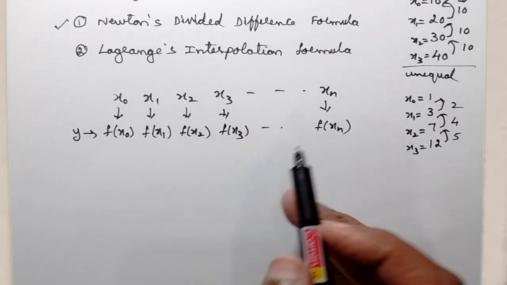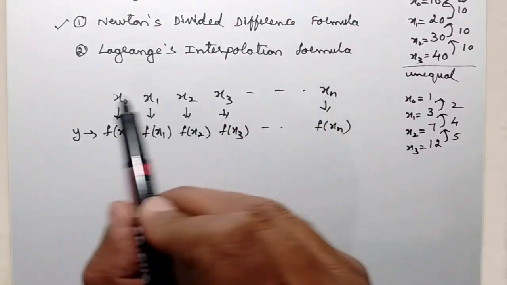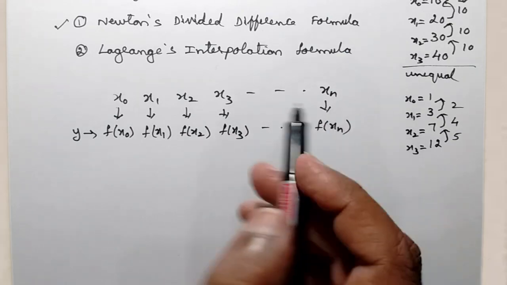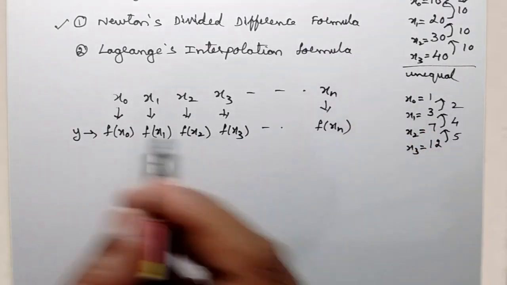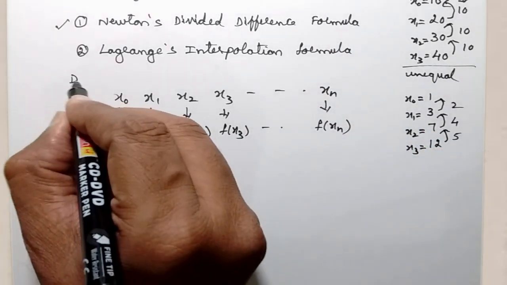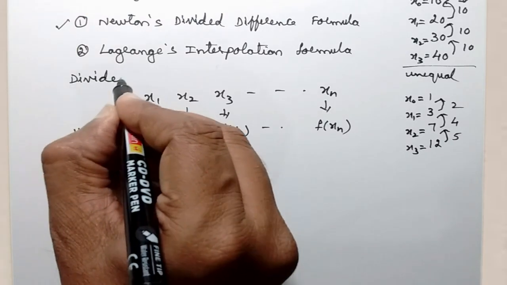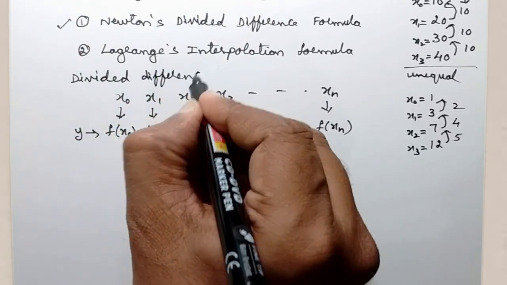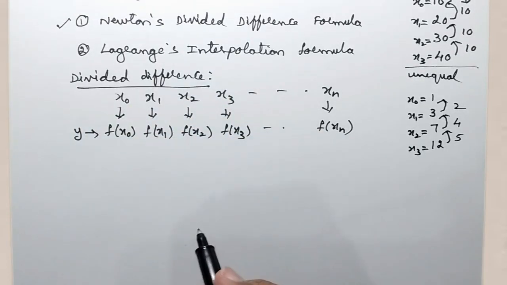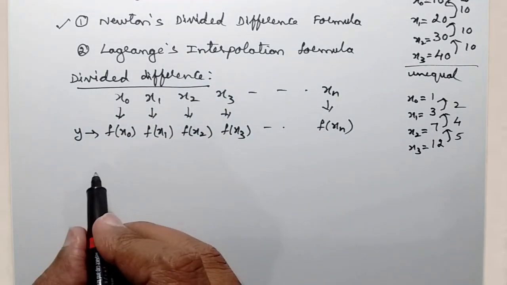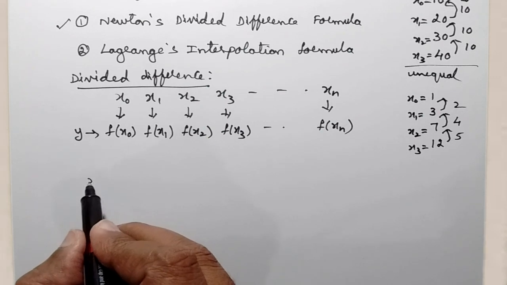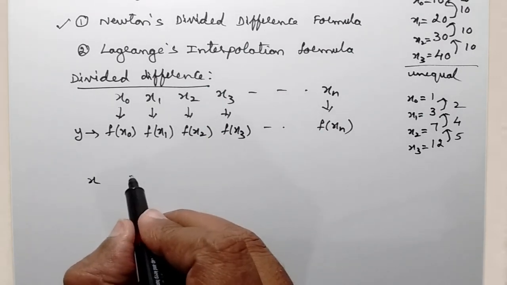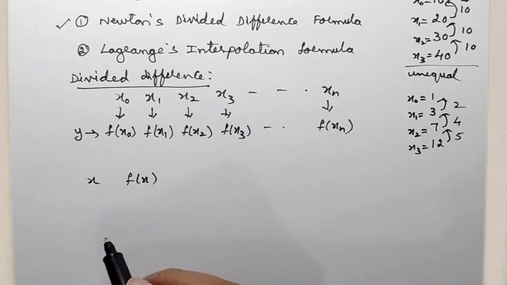Now for this divided difference, we will write down the divided difference table. So I'll try to prepare the table over here. You have the values of x and your values of y are the f of x values.